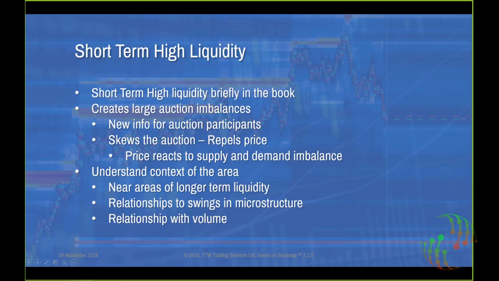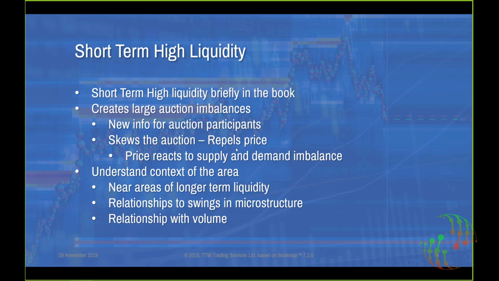Let's talk about the short-term high liquidity. Short-term high liquidity is briefly in the book. It creates large auction imbalances. That means short-term high liquidity is a supportive indicator. You will see it in the book by auction imbalances, book imbalances.